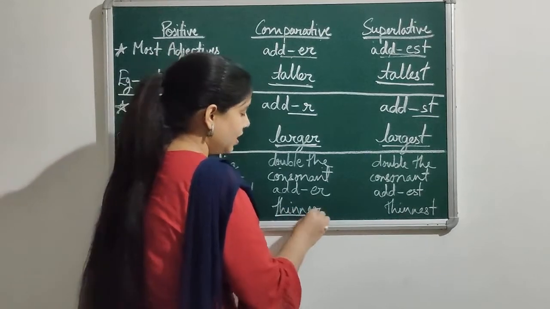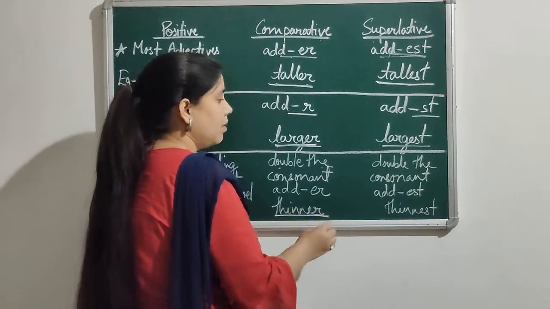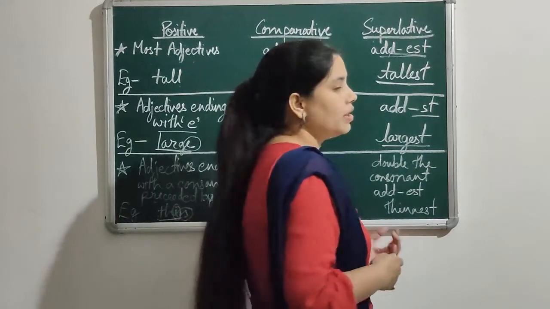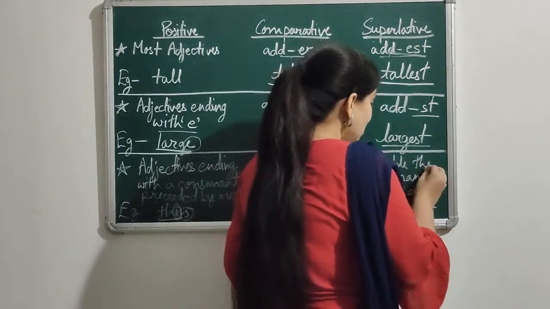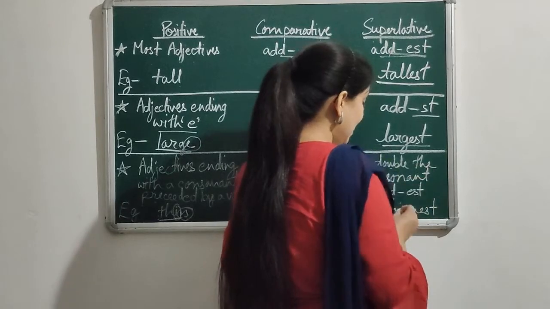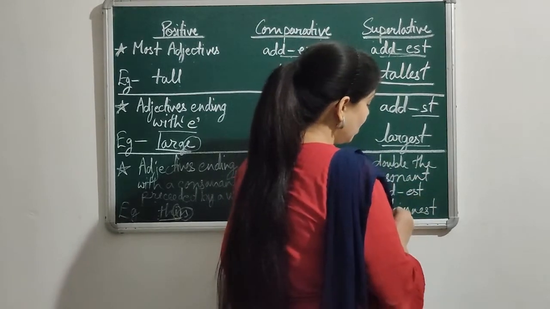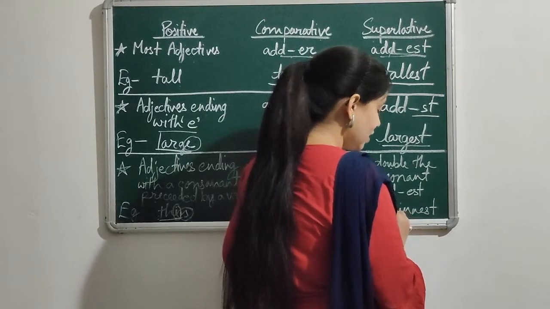Now the comparative degree is formed, thinner. And to make the superlative degree, we will follow the same procedure. We will double the consonant and then we will add EST to the word. The word will become thinnest, T-H-I-N-N-E-S-T.